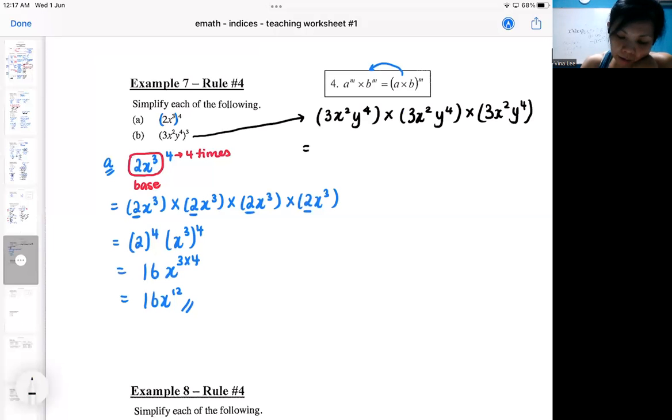So visualize the number is repeated 3 times. The x squared is also repeated 3 times. The y4 is also repeated 3 times. So if you do that, it's much easier.